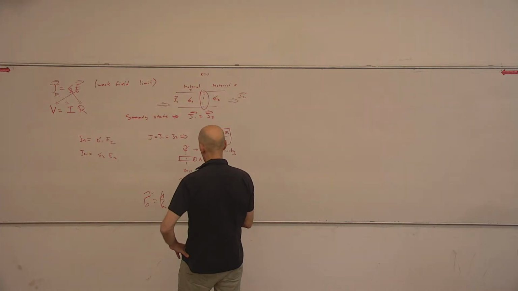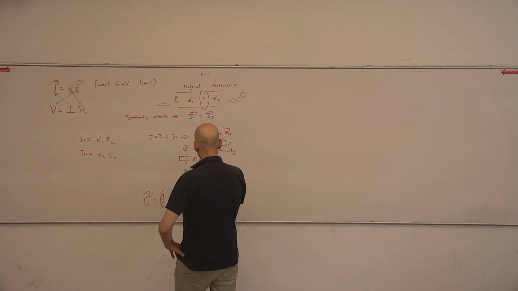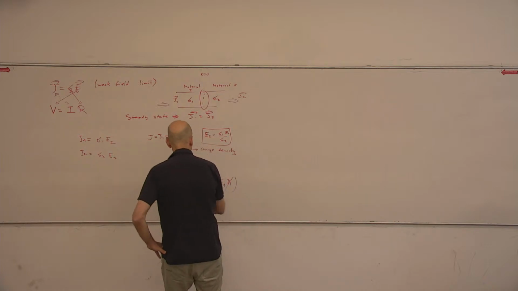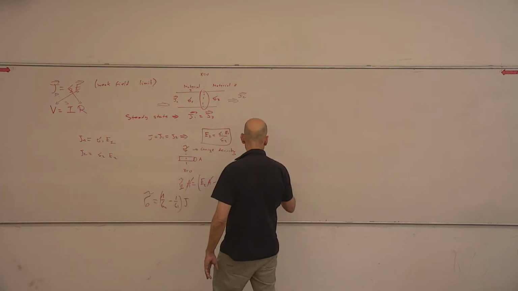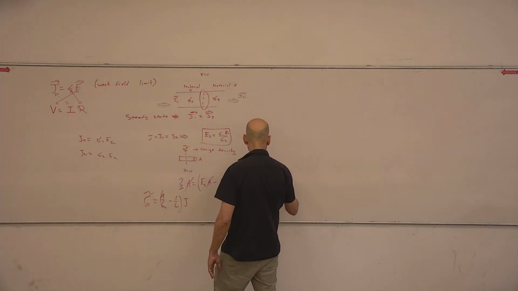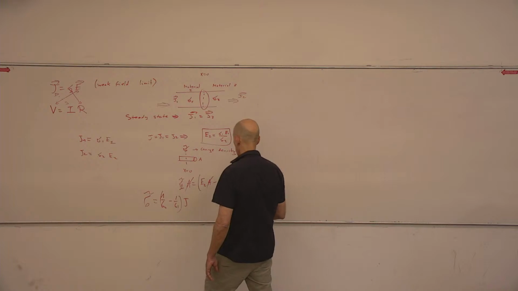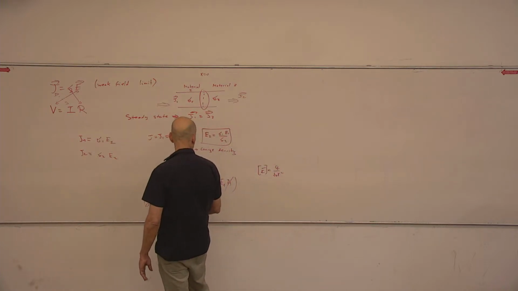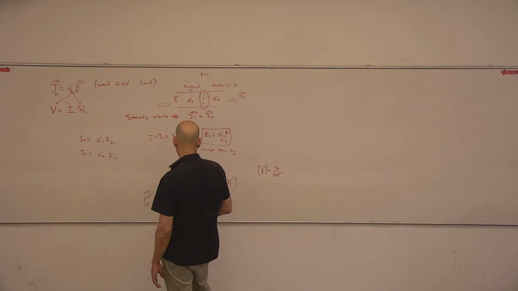No, this is okay. From the point of view of units, E has units of Q divided by 4 pi epsilon 0 R squared. So this is Q divided by R squared. So the epsilon 0 has to be here.